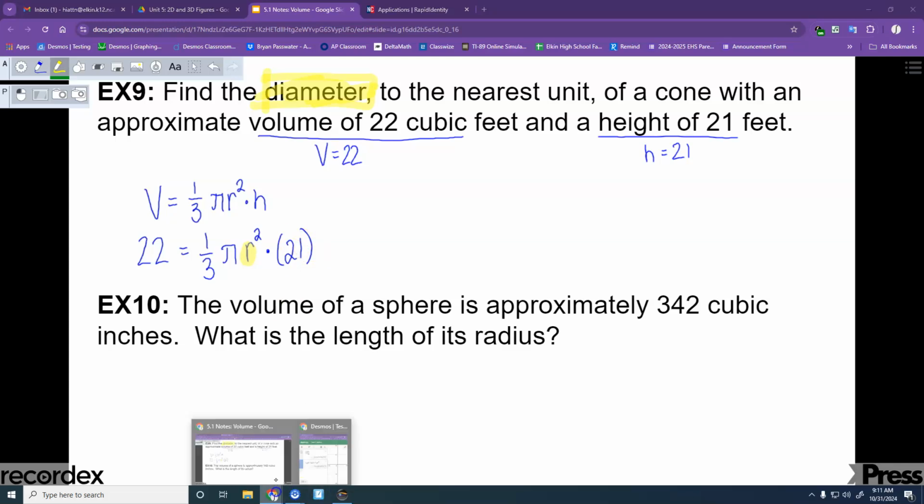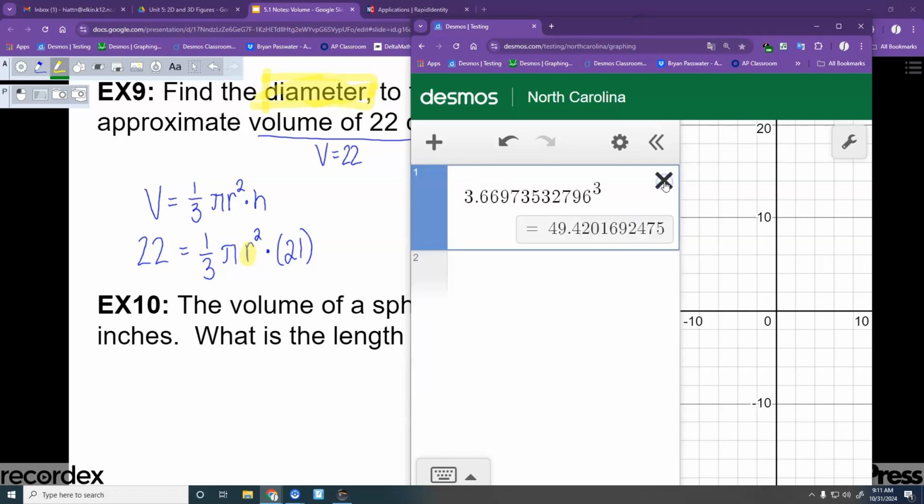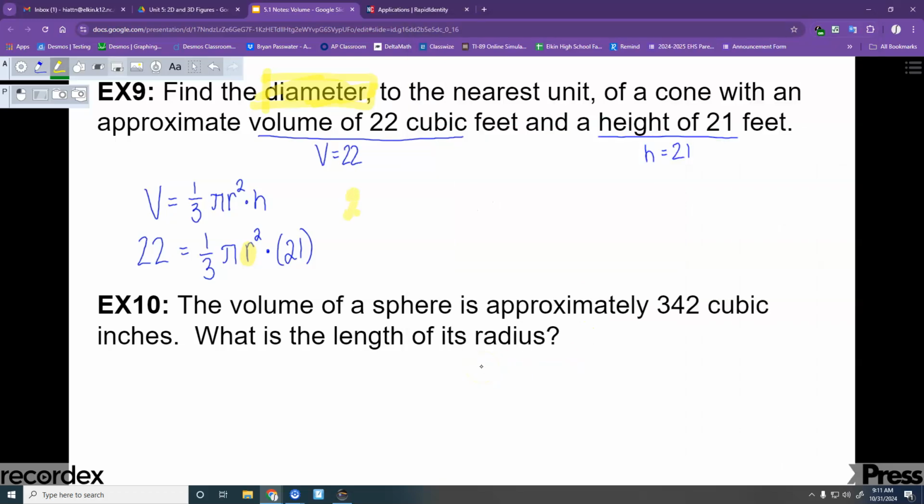So we can go over to Desmos here, and we can just type in 1/3 times pi times 21. And here I'm getting this number, 21.99114. So 22 equals 21.99114 times the radius squared.